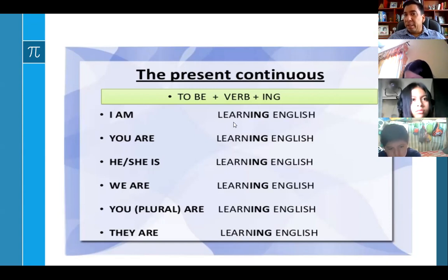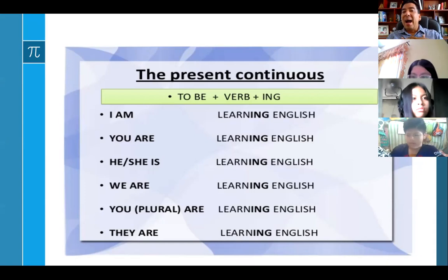That is the main characteristic of present continuous, all right? So in this case, the verb and the termination sounds like this. Learning, learning. As you can see, I emphasize the termination in ing, learning. That means that that action is happening in this precise moment. Let me read the complete action. For example, in this moment, in this precise moment, I am learning English.